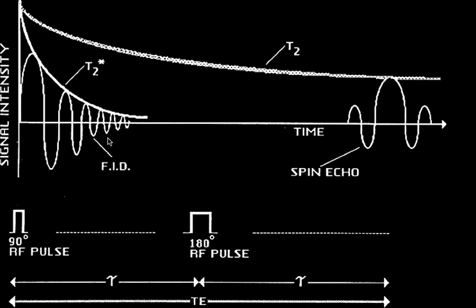This is called the free induction decay. And you can get a signal off the free induction decay, but that's a challenging thing to do. The reason is that these big 90-degree pulses are seen not only by the nuclei in the body, but also by all your receiver coils and electronics, and it can cause big ringing.